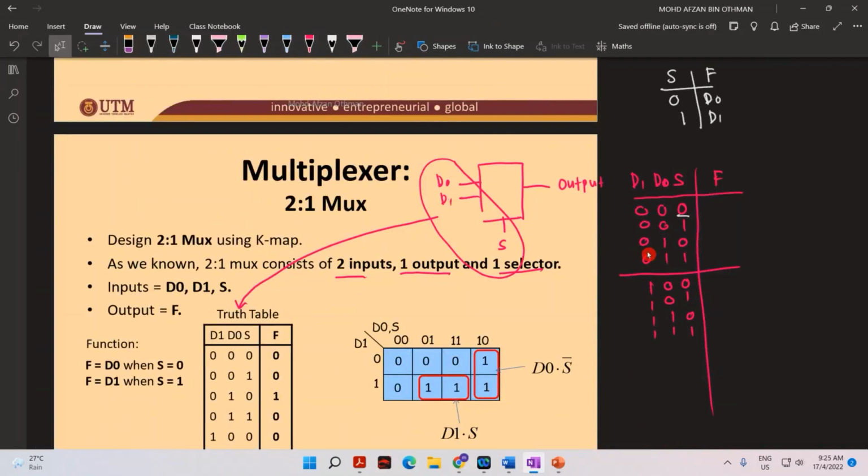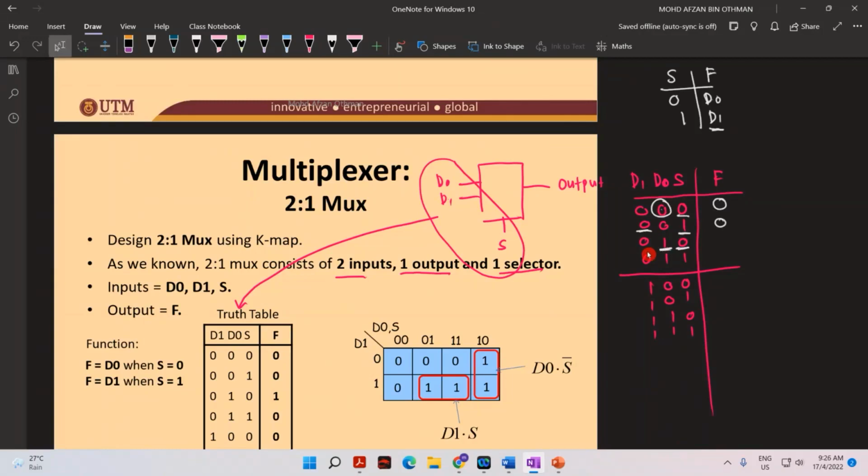So now, S kosong, F sekarang ambil daripada mana? D0. So, D0 adalah kosong. So, you put S 0 there. So, when S equals 1, output F is from D1. D1 also is 0, so this one also is 0.